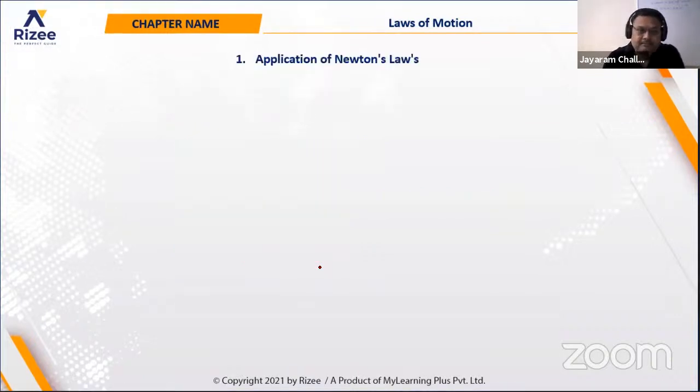Fine. So now coming to the first one, directly entering into this. What are the applications of Newton's laws? As everybody knows, Newton's laws of motion are three laws. The first law itself is going to state about the force.